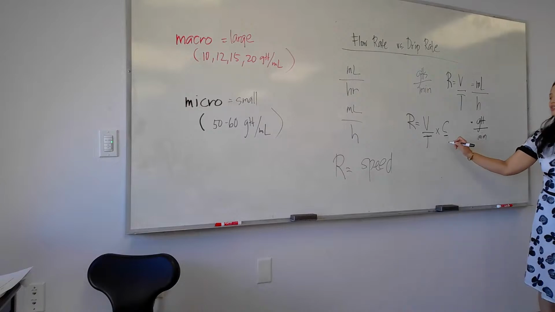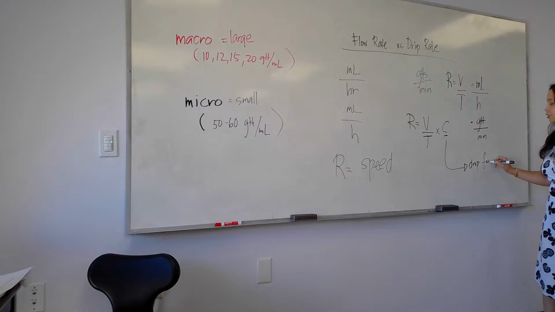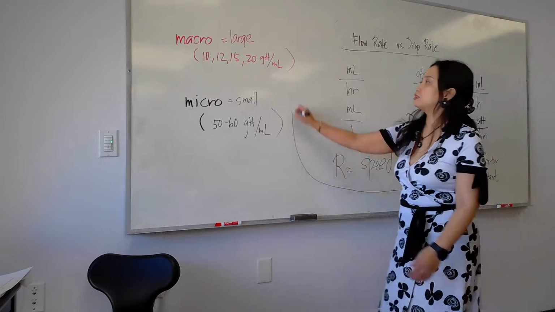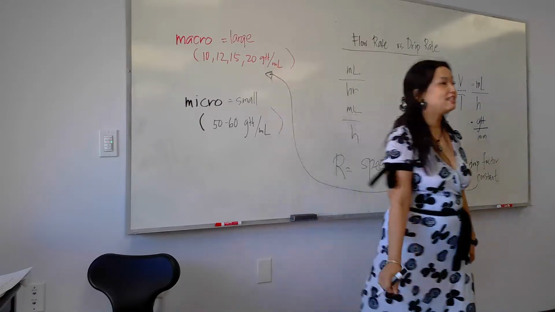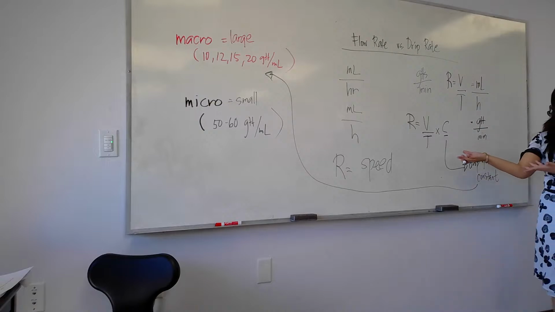The C stands for constant, or drop factor constant. What is that? Because they come in different sizes. Your infusion set comes in different sizes. Are you following? Okay. It's just an expanded formula.